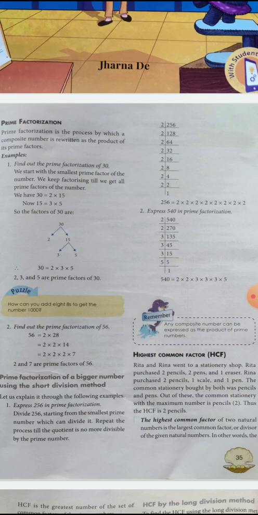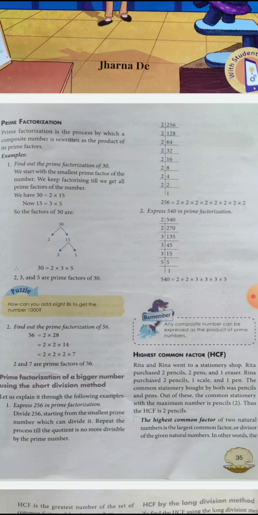Okay, we start with the smallest prime numbers or factors of the number. We keep factorizing till we get all the prime factors of the number. We know 30 equals how much, children? 2 multiply 15. But 15 equals how much? 3 multiply 5.